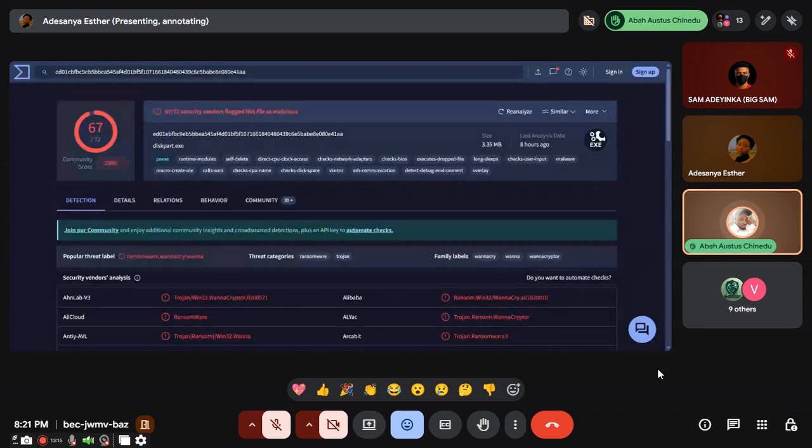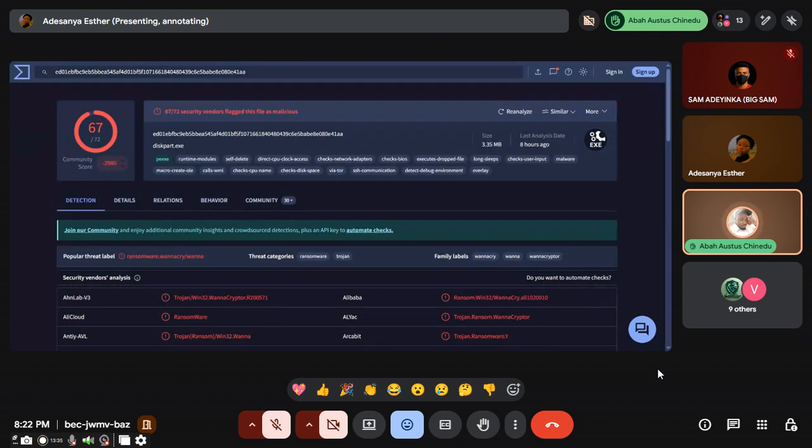As it is passing through different search engines, some might flag it and some might not flag it. They call it confidence of abuse. So you can see that 67 is a high threat score, which shows very serious confidence of abuse.